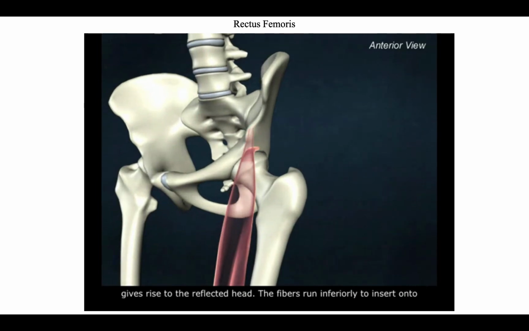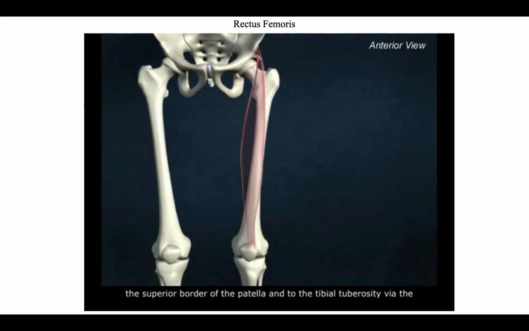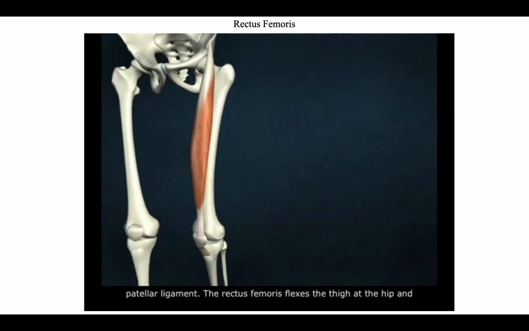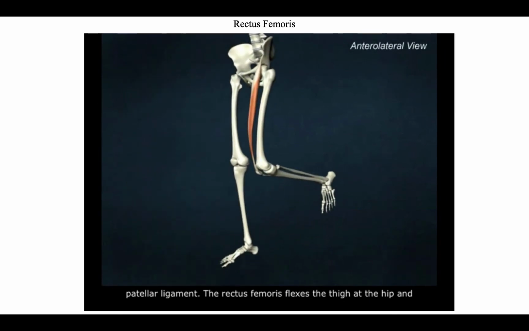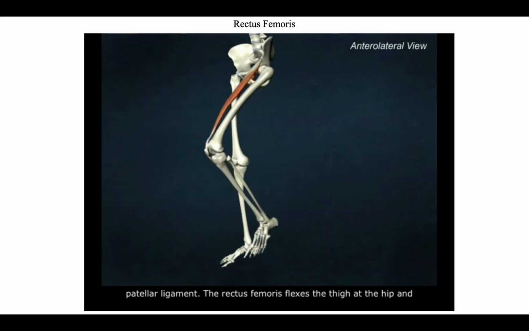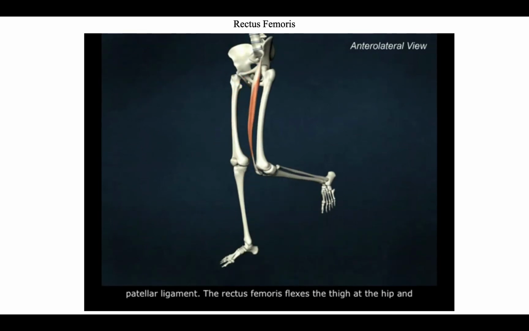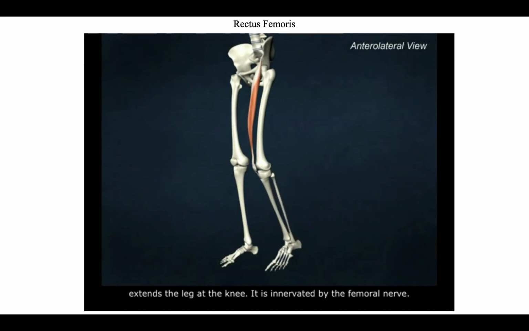The fibers run inferiorly to insert onto the superior border of the patella and to the tibial tuberosity via the patellar ligament. The rectus femoris flexes the thigh at the hip and extends the leg at the knee. It is innervated by the femoral.